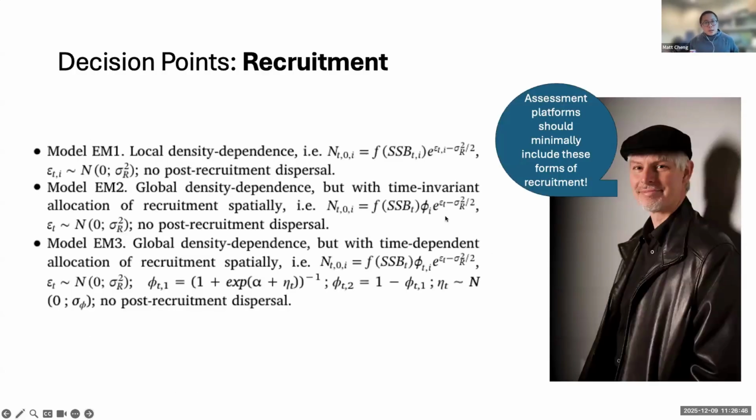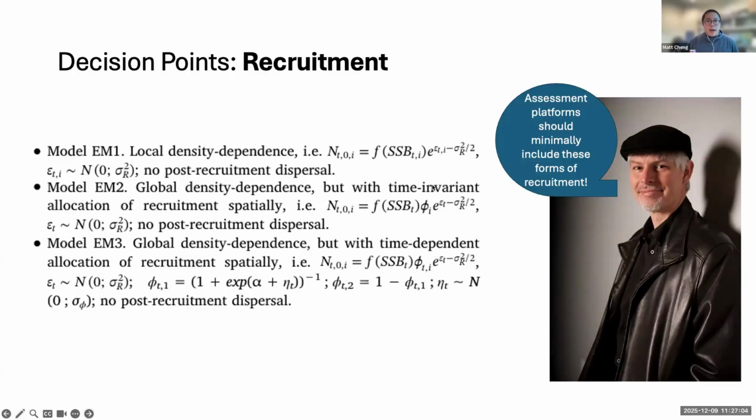So the sort of full gamut of recruitment types can likely be summarized with these three different models, where we have local density dependence with locally varying recruitment deviations and time varying deviations.